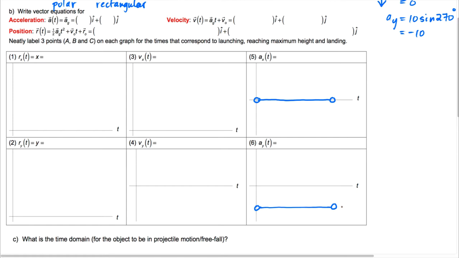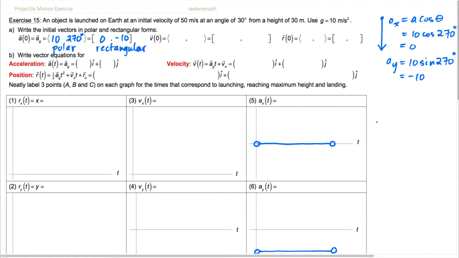And if you're launching an object and it's landing on the ground, well, then there's some initial rocket launch force and then some contact normal force when the object lands. So free fall only occurs in between the launching and the landing times. We'll find out what those times are in a moment. But because the acceleration is constant, it doesn't just have these component values at time 0. They're component values of 0 and negative 10 for all time values. So I'm just going to substitute 0 here and negative 10 here.